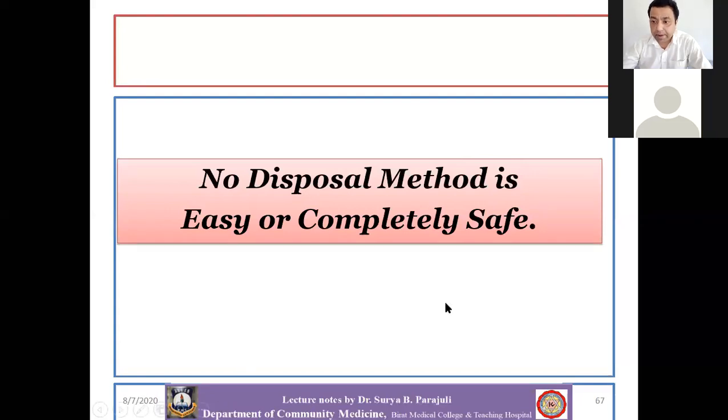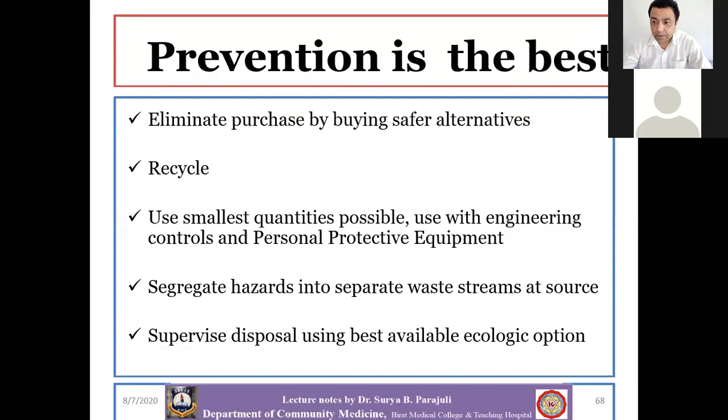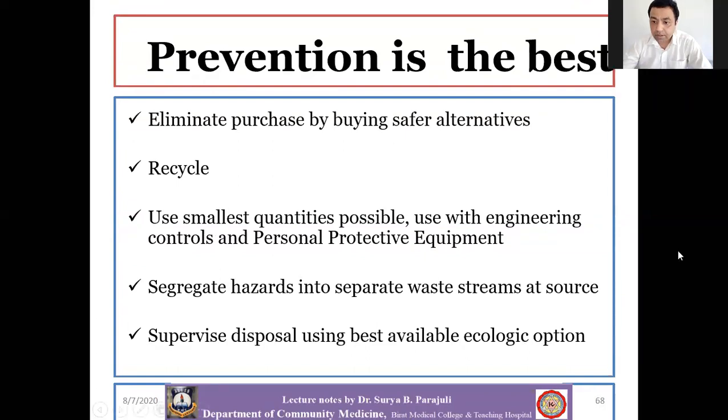We have relative advantages and disadvantages within different methods. So prevention is the best. Eliminate purchase by buying safer alternatives.